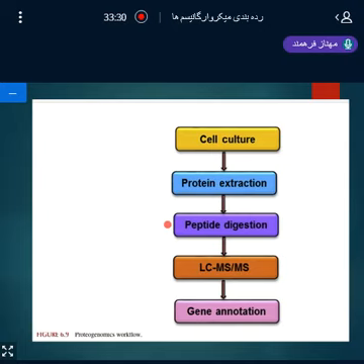You know, peptide digestion is done with different enzymes. And then LC mass spectrometry, or LC-MS, is for identifying the activity of proteins, as I told you before. And the last step is gene annotation. As you know, one gene produces one protein, or one protein is related to one gene, so the gene annotation can be done.